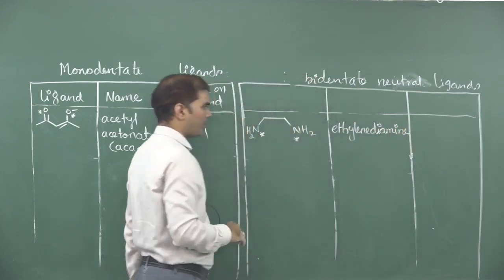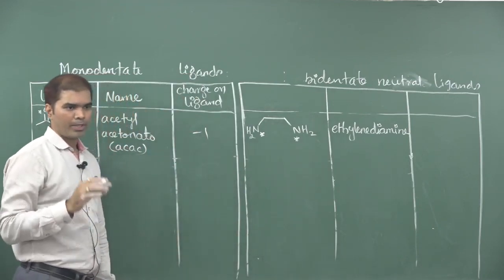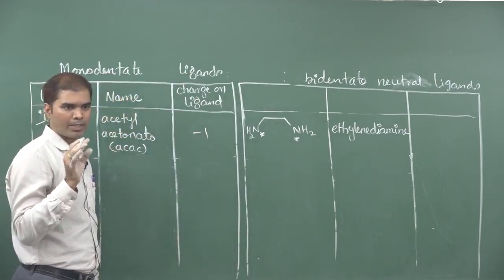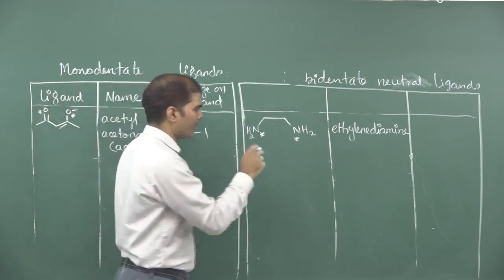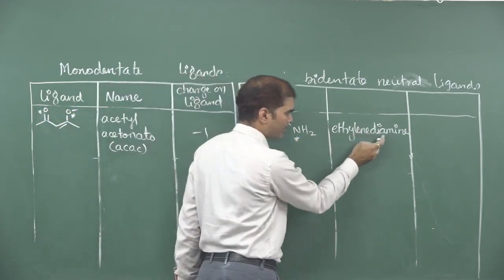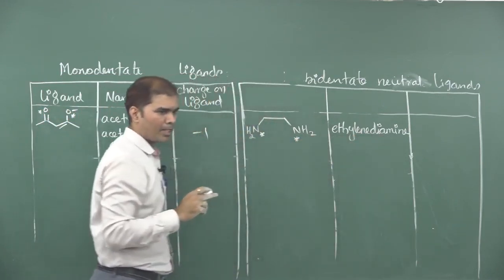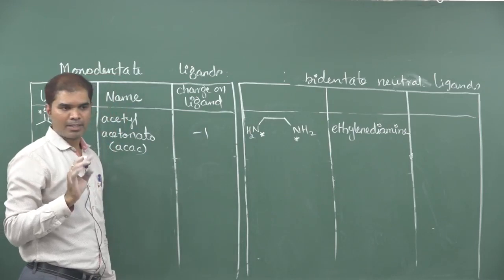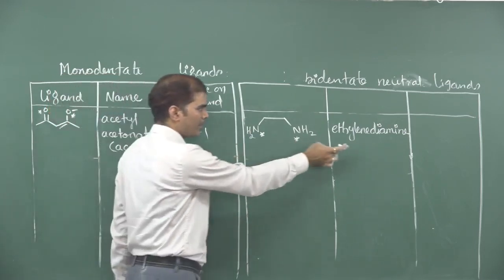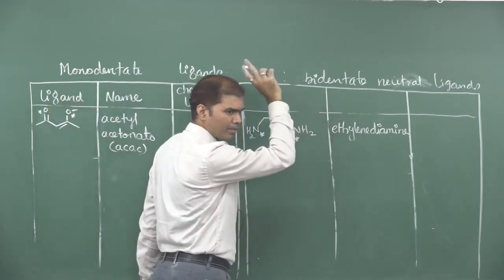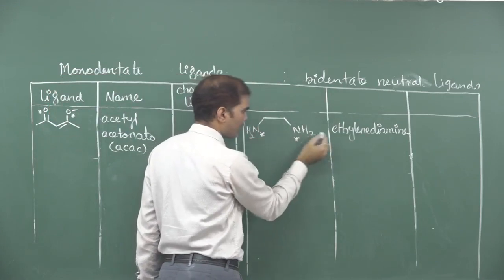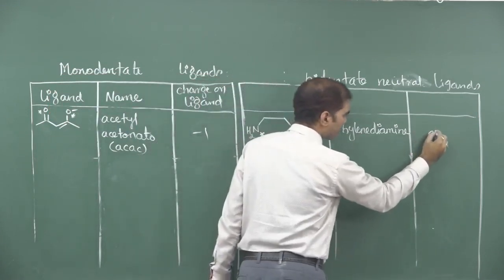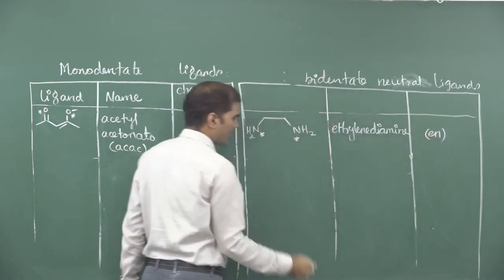Previously in monodentate neutral, NH3 has come, and you called it ammine, double M. Here only a single M should come. That was A-double M-I-N-E, ammine. This is amine. There is a difference. You should not use double M here, and you should not use single M there. This is called ethylene diamine, abbreviated as EN.